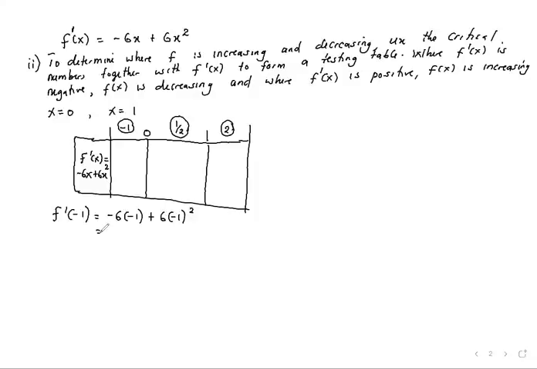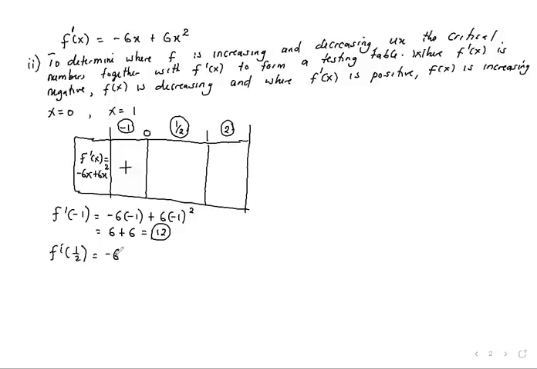This is -6 times -1, we get 6, plus -1 squared multiplied by 6, we get 6. 6 plus 6 is 12. Our interest is whether this 12 is plus or minus? It is positive.